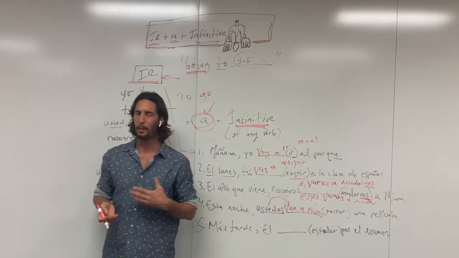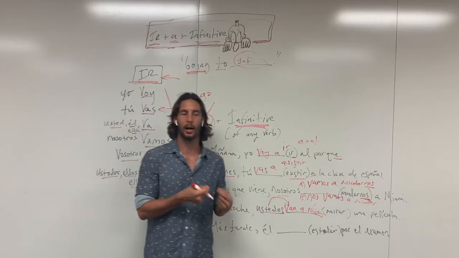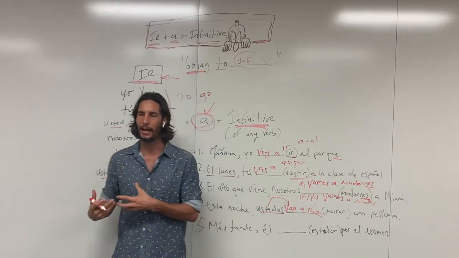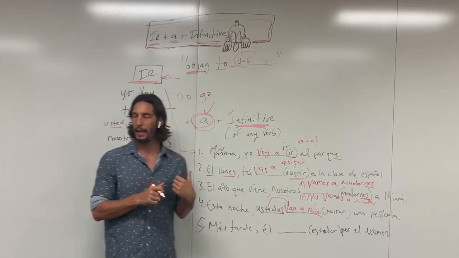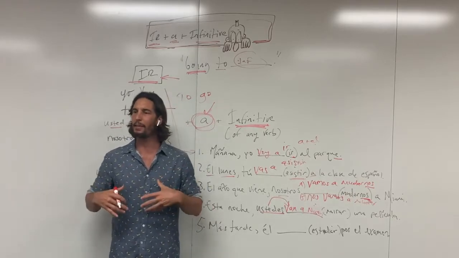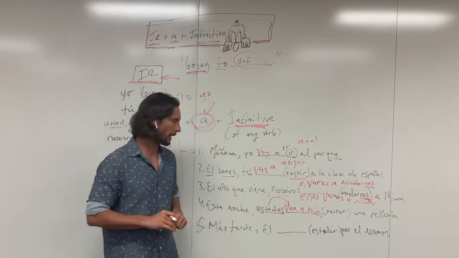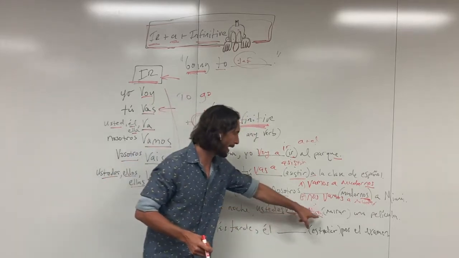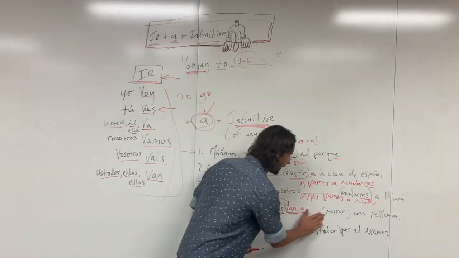Because you're like, okay, I know the subject pronoun is ustedes, and Jason has already taught me how to do mirar for ustedes, and I know that's miran. And now I'm learning how to do ir for ustedes. And so you have this tendency, and again, very, very common mistake. And so I wanted to address it. You would think you're doing it right by saying van a miran. And that's not right. And I want to be clear about that.